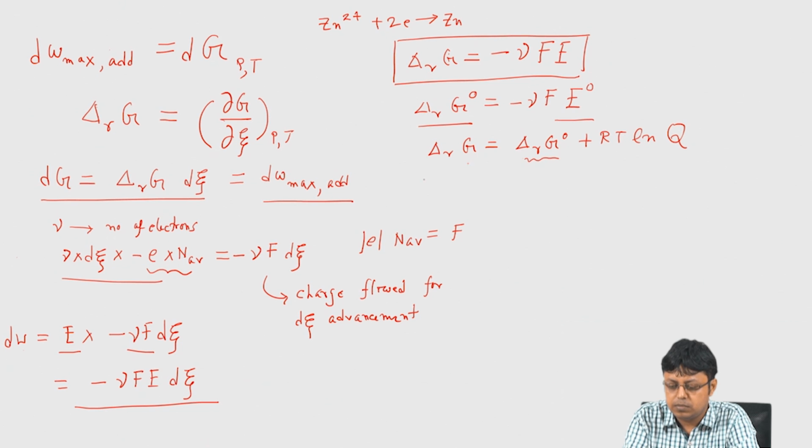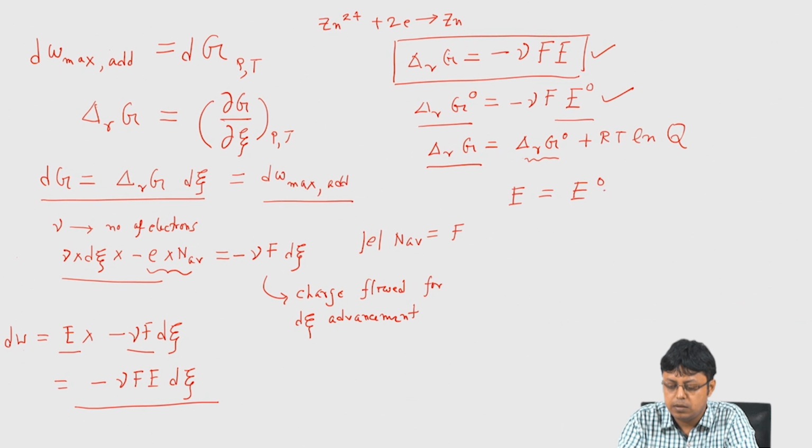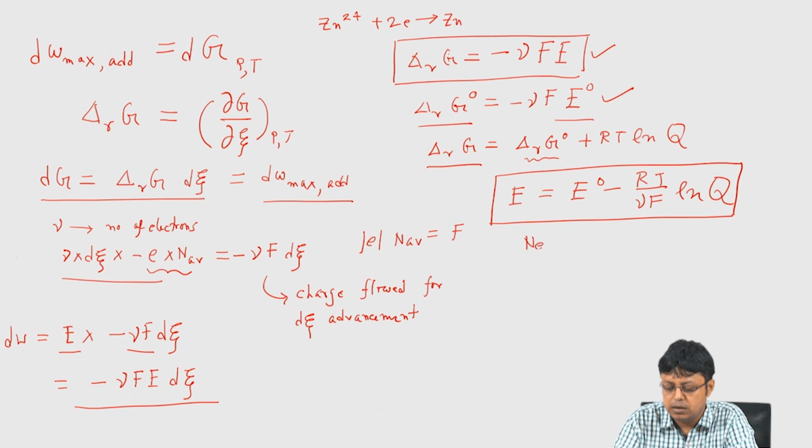We can substitute minus nu F E for delta G and minus nu F E 0 for delta G 0, and then if you just divide both sides by minus nu F, on my left hand side I have E, and on my right hand side I get E 0 minus RT by nu F ln Q. This equation is known as the Nernst equation.